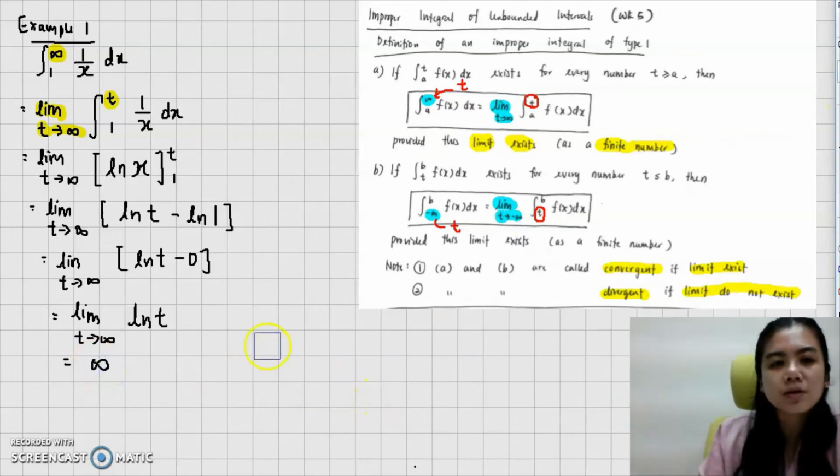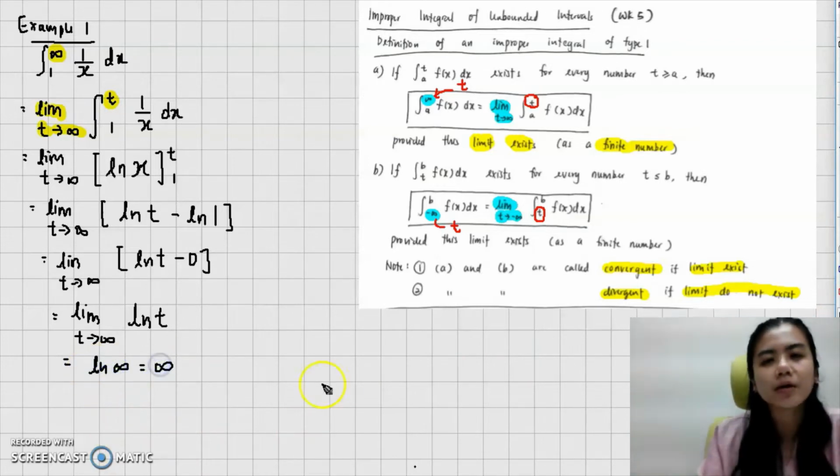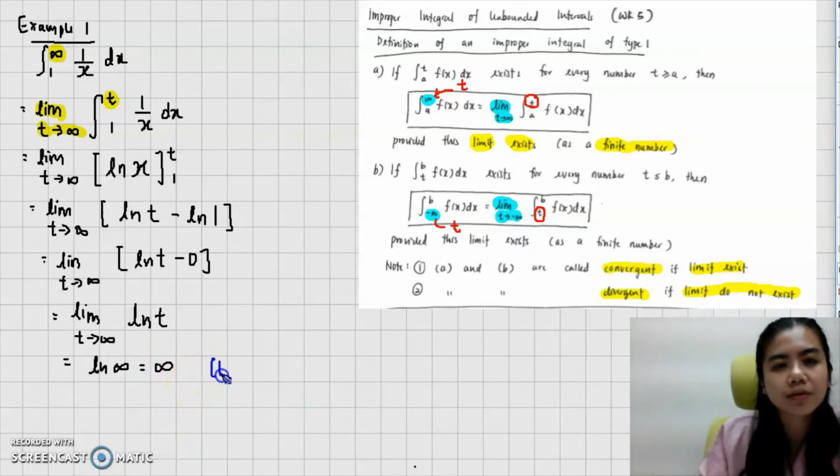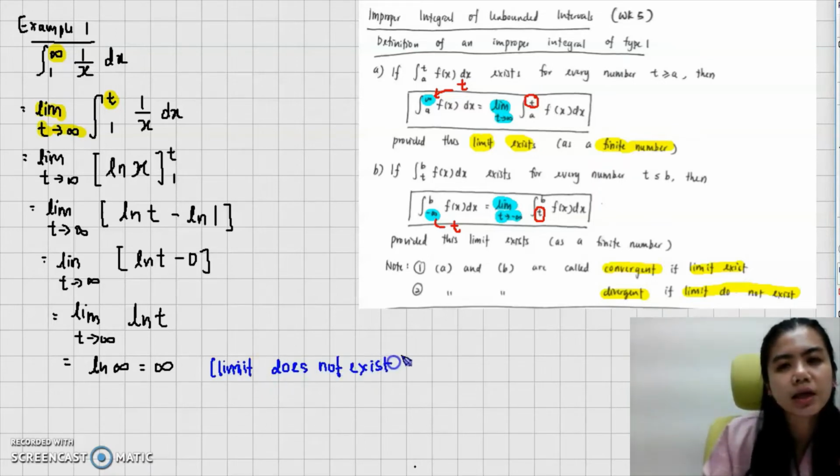Because the answer itself is infinity, we say that the limit does not exist as a finite number. This is a case where we say that it is divergent.